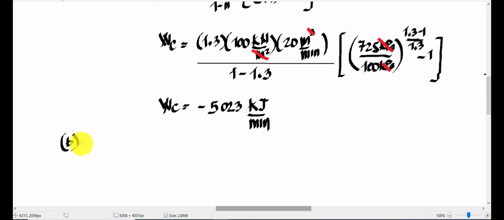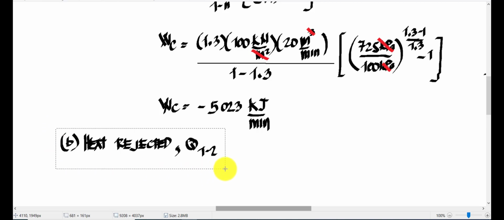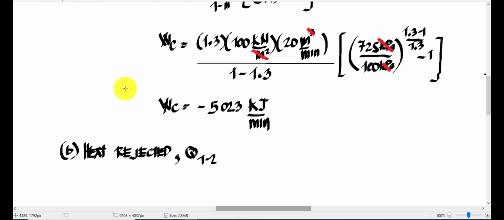Now for letter B, we have the heat rejected for our compressor. For the equation of our heat rejected, we have Q for the process 1 to 2 during the compression stage.